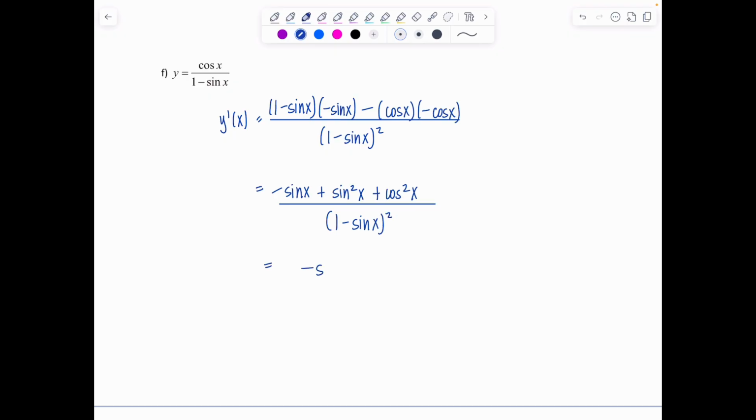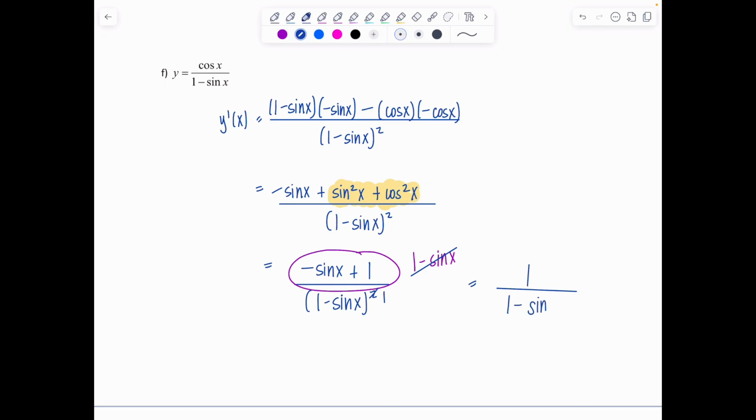And I have negative sine of x plus, the minute you see sine squared x plus cosine squared x, you should go ding, ding, ding, that's 1, over 1 minus sine of x squared. But you guys, isn't this the same as 1 minus sine x? So I can cancel it with one of the 1 minus sine x's in the bottom, right? This will cancel. Now this is just to the first, and we have 1 over 1 minus sine x. Wow, wow, wow. Isn't that beautiful? I love it so much.